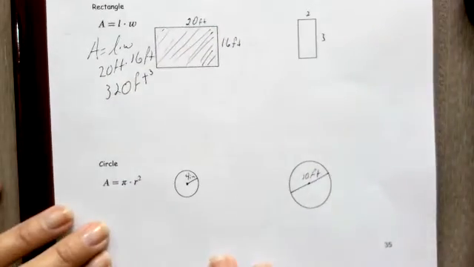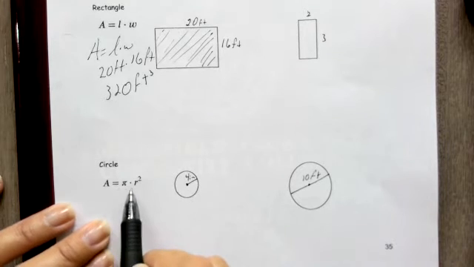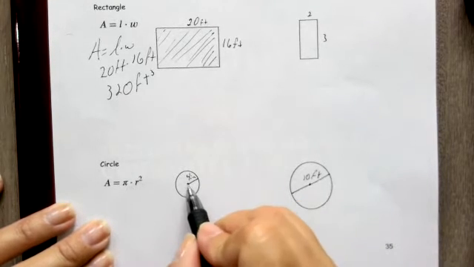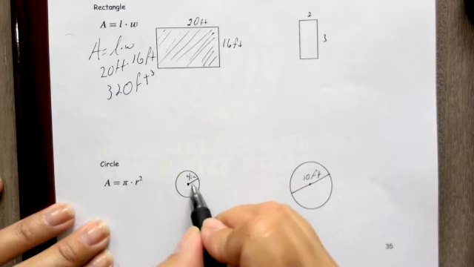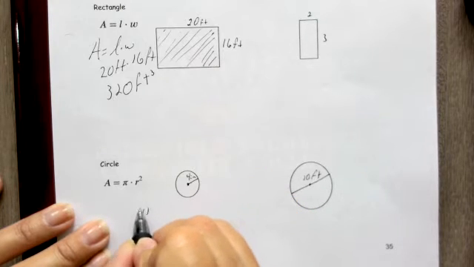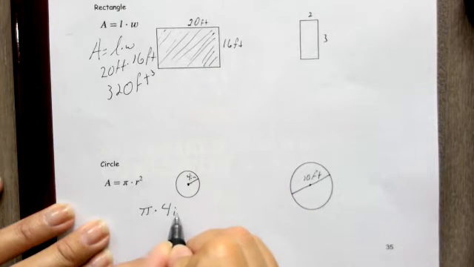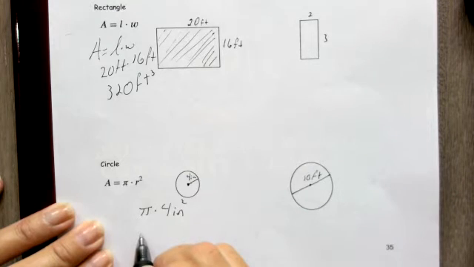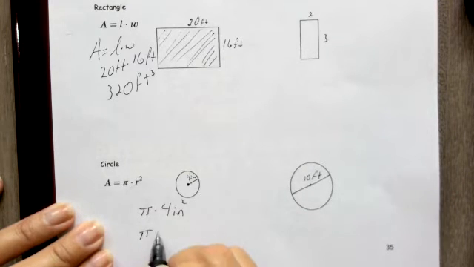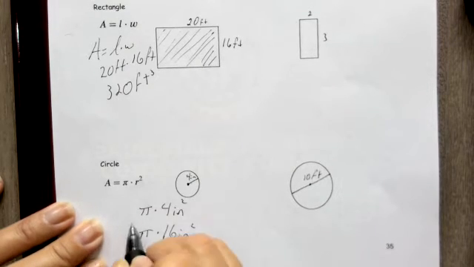All right, so a circle is pi r squared. This is the radius, when it's just the one halfway through. So pi times 4 inches squared is pi times 16 inches squared.